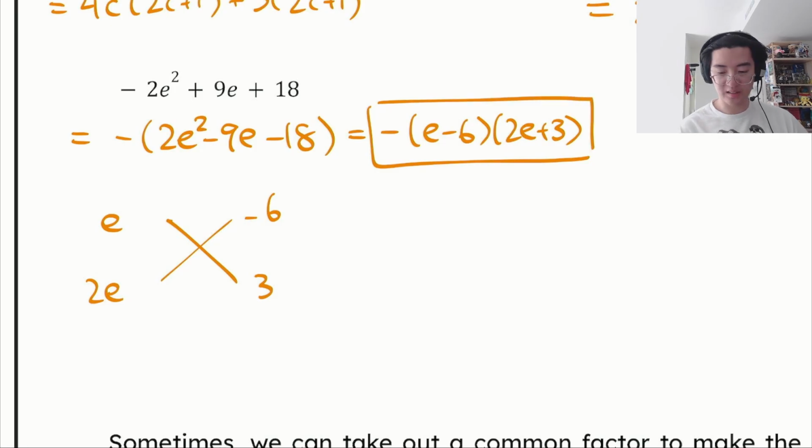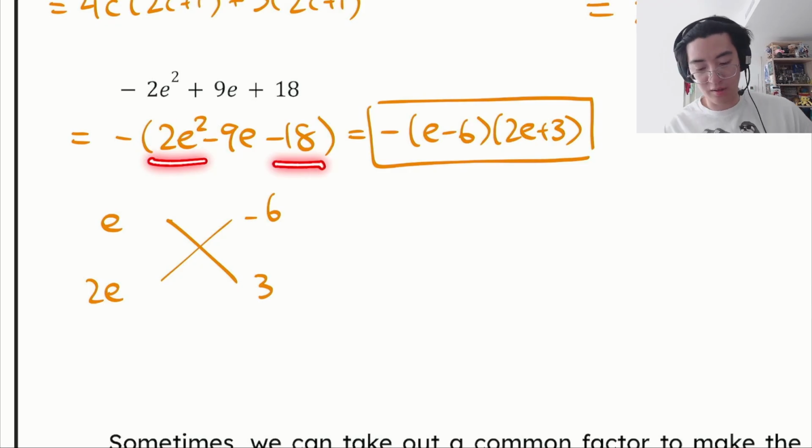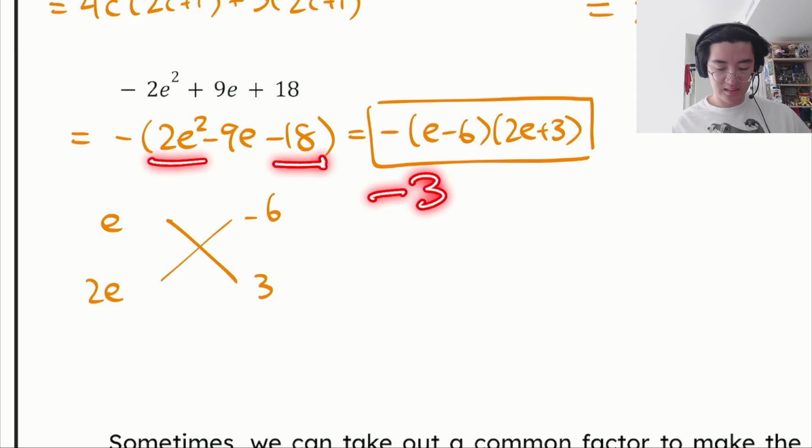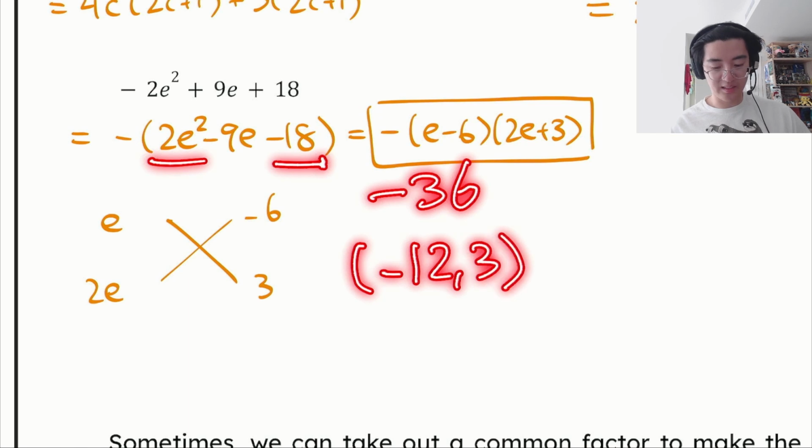Okay, decomposition. 2 times 18 is 36, so negative 36. Right, so 2 factors of negative 36 that add up to negative 9. Right, so we got negative 12 and 3, that add up to negative 9.